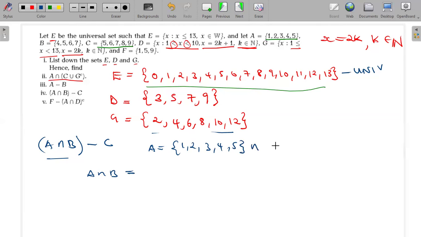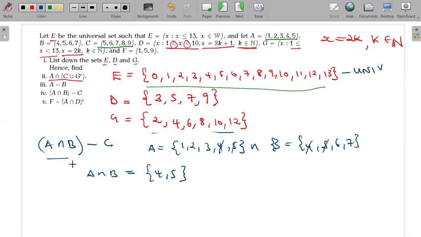And then intersect this with B. My B here is 4, 5, 6, and 7. So now I look at the elements that are common in both of these sets. You have 4 there and you have 4 there. You have 5 there and you have 5 there. So the intersection is just going to be 4 and 5.